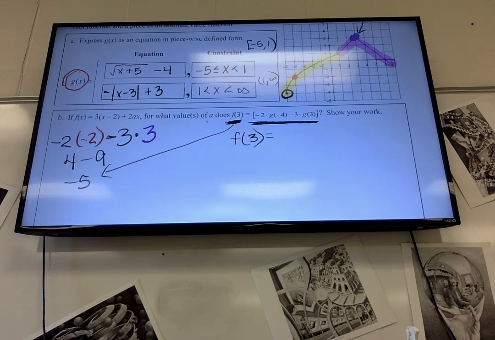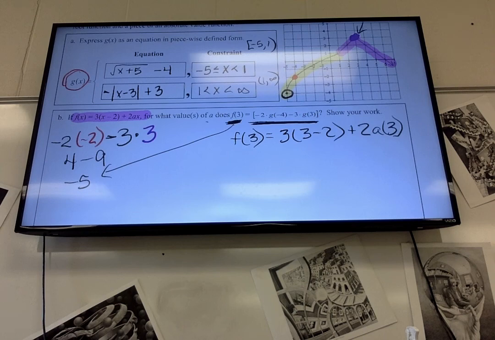When I do f of 3, I'm going to plug it into this equation. That would be 3 times 3 minus 2 plus 2 times a times 3. It's going to have an a in it, and that's okay.